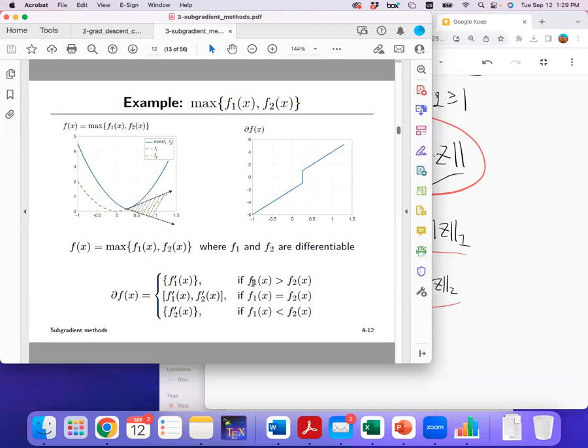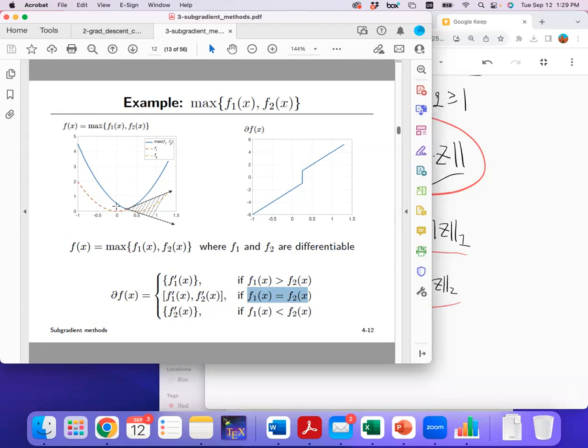If f1 is bigger than f2, meaning the red is on top of the yellow, that corresponds to this part, and the derivative is simply that of f1; it's differentiable. Otherwise, the derivative is that of f2, the left part. But when they match each other at this intersection point, it is non-differentiable, so we talk about the subdifferential.